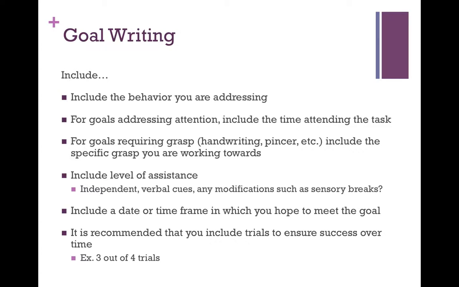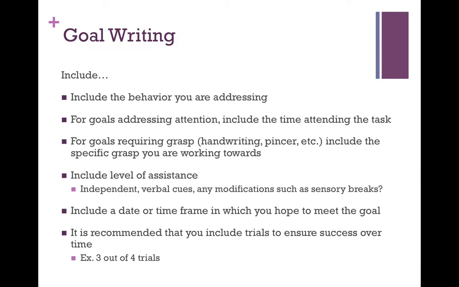And then you would want to include a date or time frame in which you hope to meet the goal. I also recommend that you consider including trials to ensure success over time. So it can be helpful to include that the child can do something 3 out of 4 trials, so that you're making sure that they didn't get it just once out of a fluke and that they can continue to succeed in that goal.